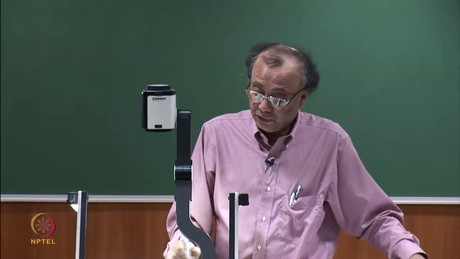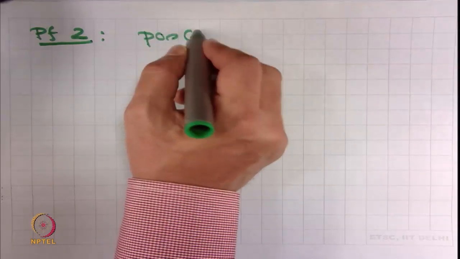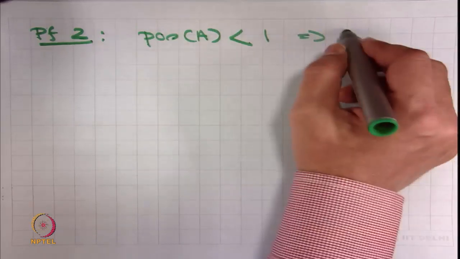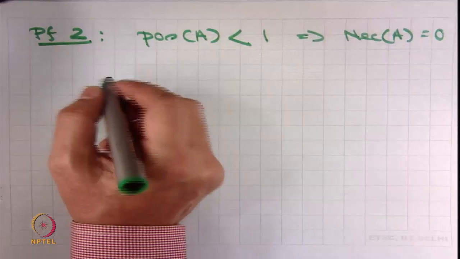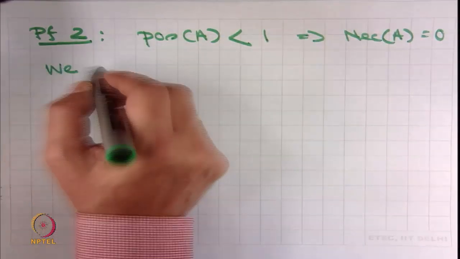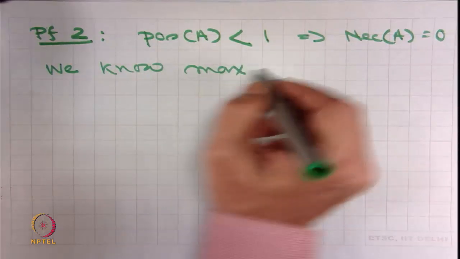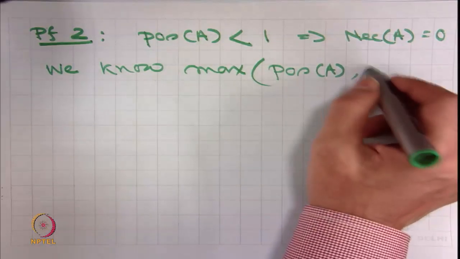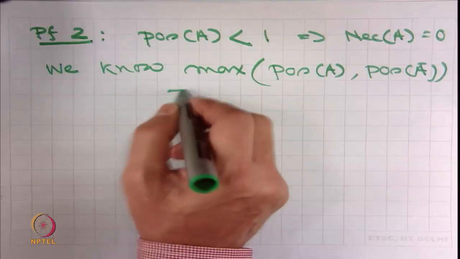Proof of 2, that is possibility of A less than 1 implies necessity of A is equal to 0. We know maximum of possibility of A and possibility of A complement is equal to 1.